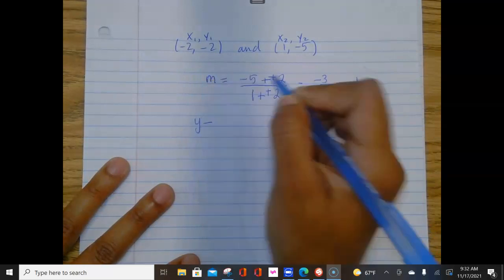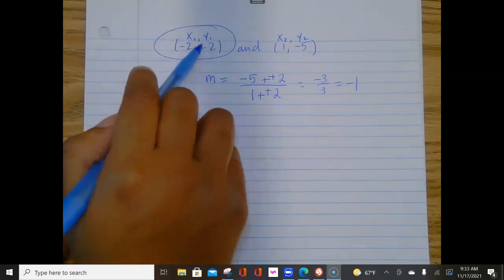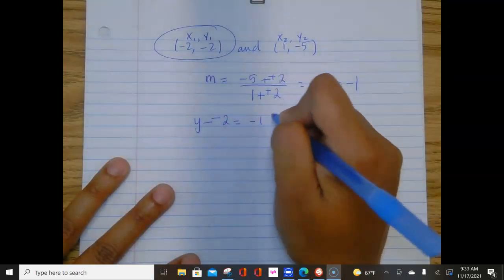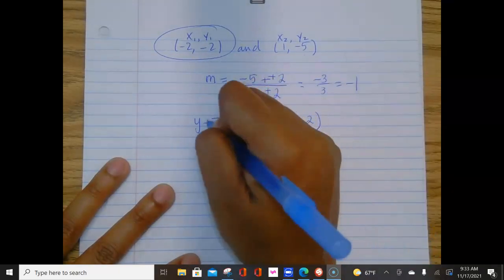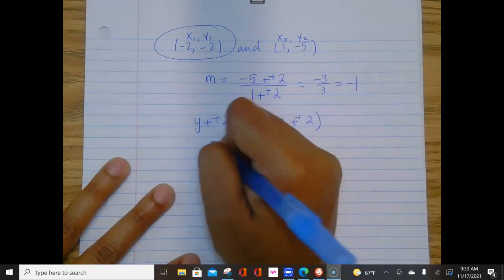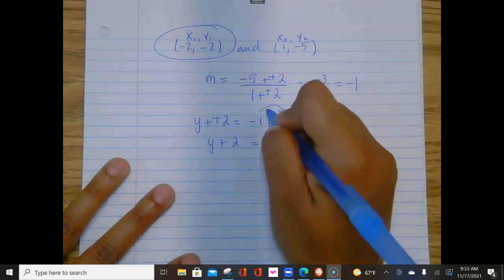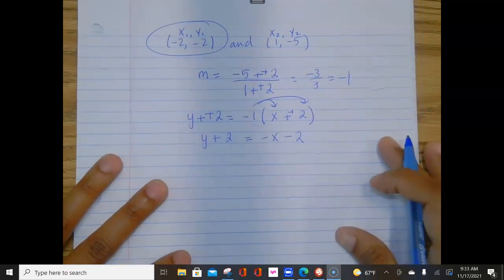Now I'm going to do y minus, I'm going to choose to use this point. So I have y minus y1, so y minus minus 2. My m is negative 1, x minus minus 2 for my x1. So when I clean this up, I have y plus 2 is equal to, and I'm going to go ahead and distribute now, negative x minus 2.